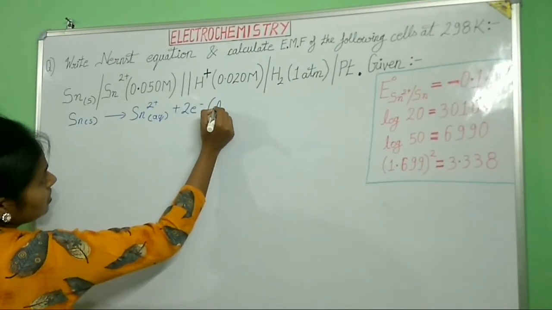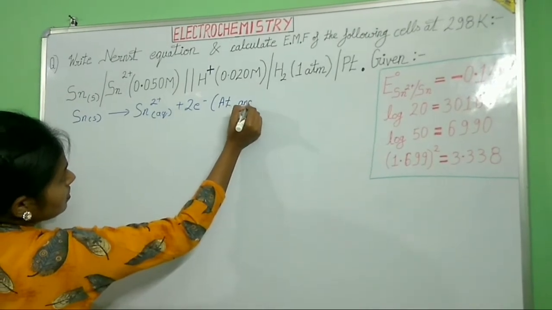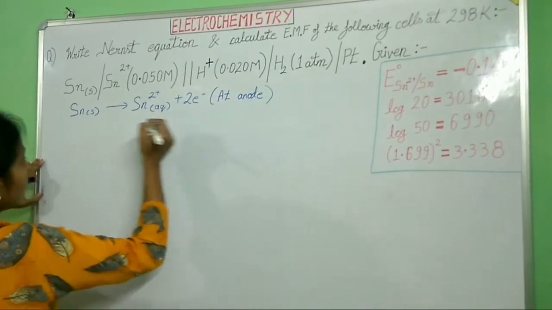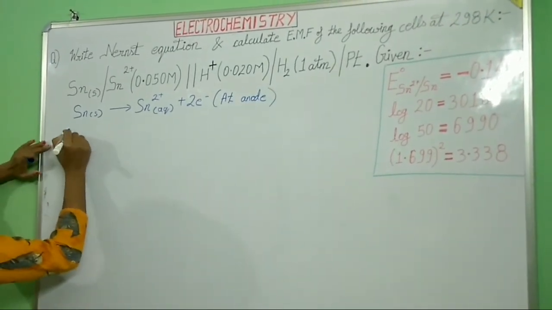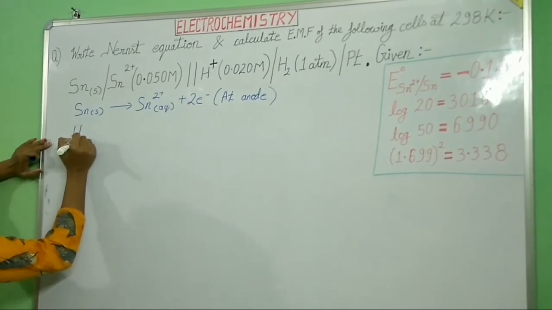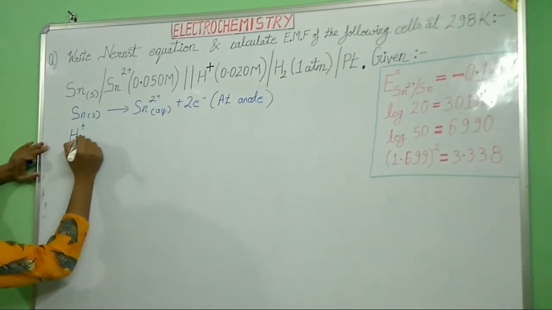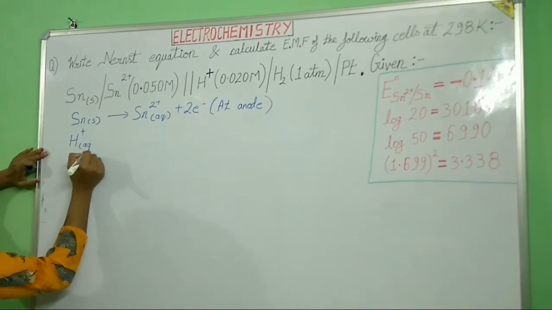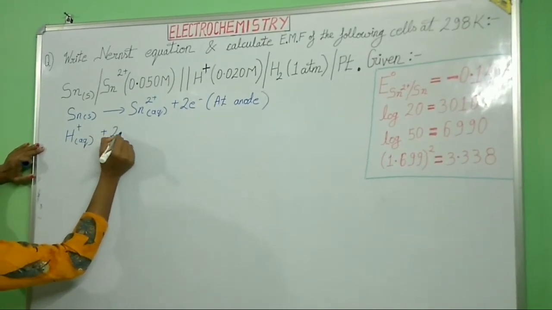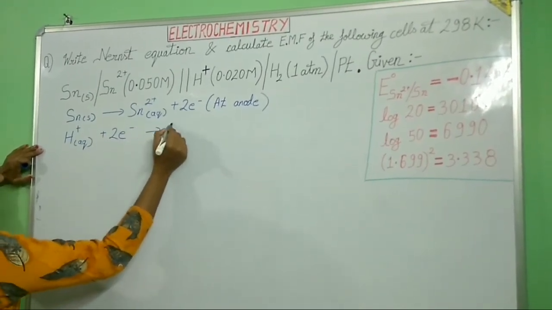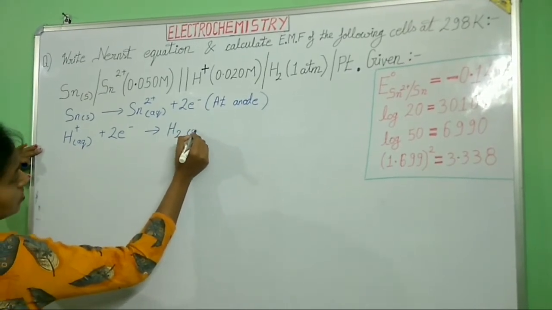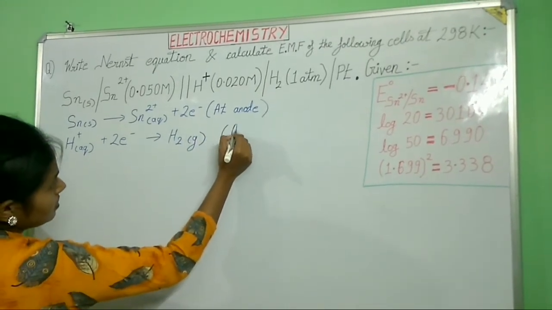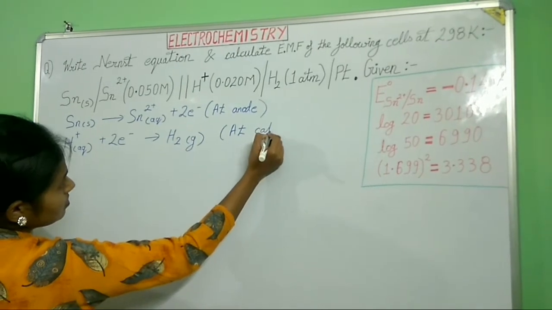This occurs at the anode, right? And what will happen at the cathode? H plus aqueous plus 2 electrons will turn into H2 gas, that is at the cathode.